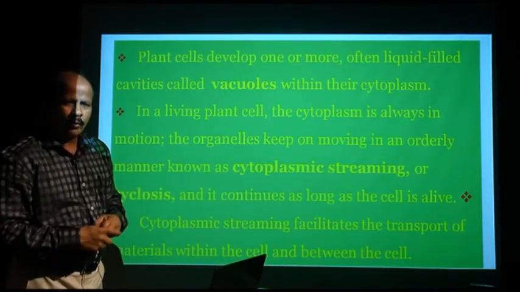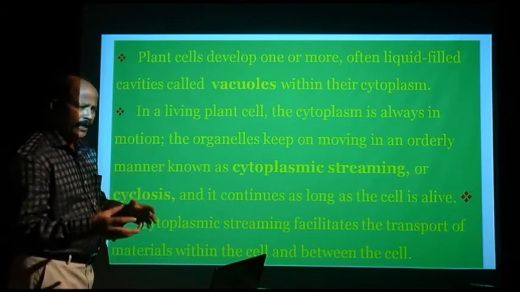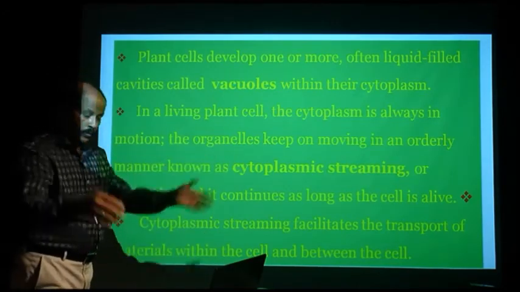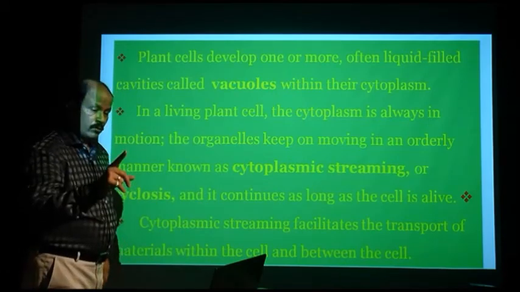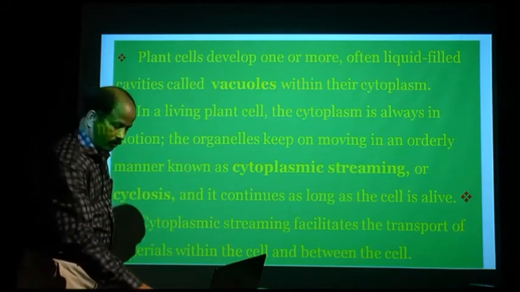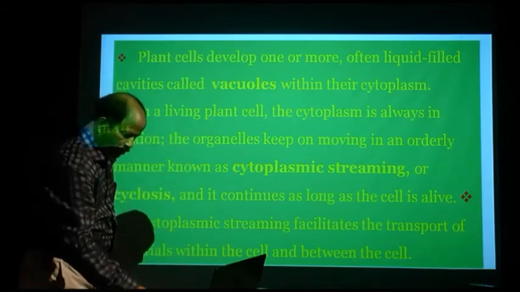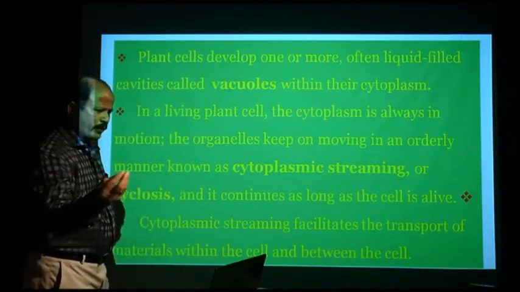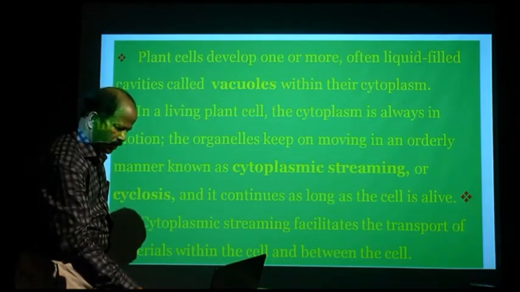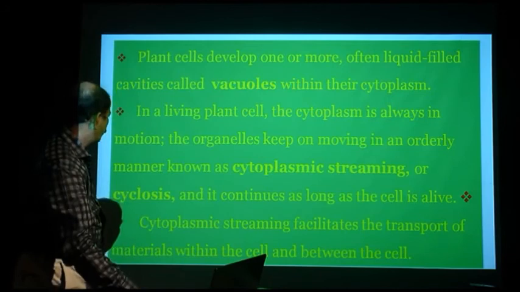Where do they store, what do they do with them? Definitely they dump their waste into the vacuole. Vacuole is a major feature of plant cells. It is generally called the central vacuole because it is a big vacuole, but small vacuoles having different roles are found in animal cells. We will be discussing them.